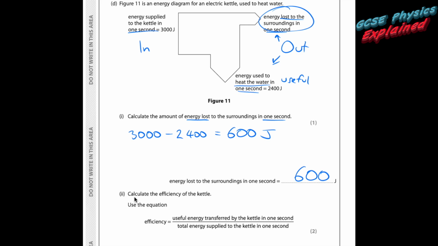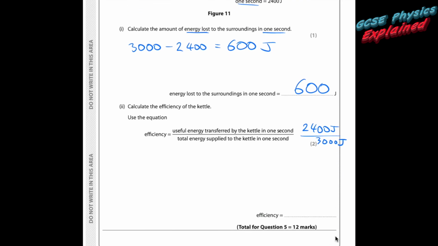Part 2. Calculate the efficiency of the kettle. Use the equation. Efficiency equals useful energy transferred by the kettle in 1 second. So that was 2,400 joules divided by the total energy supplied to the kettle in 1 second. So the total energy supplied was 3,000 joules.